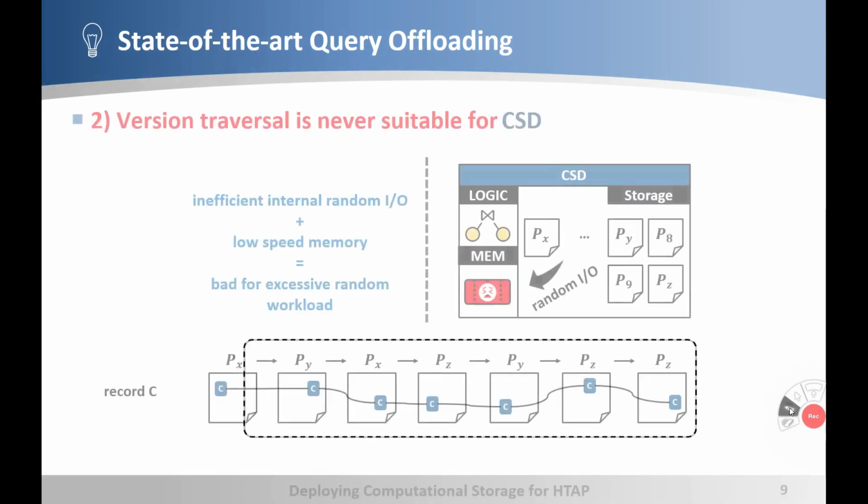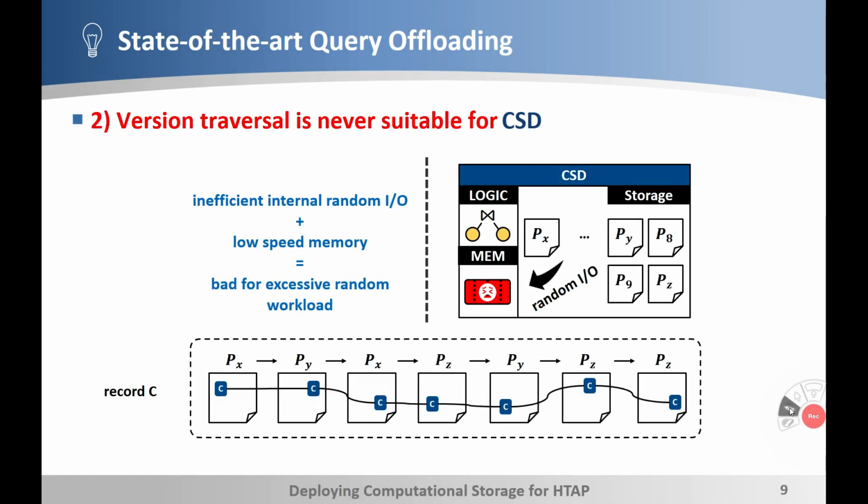Moreover, when attempting to involve CSD in MVCC, we'll face a more critical hurdle of random redundant access caused by version traversal. Considering internal I/O performance, CSD would show good sequential read throughput, but poor random performance. And besides, compared to host memory, CSD internal memory is slower as well as small-sized.